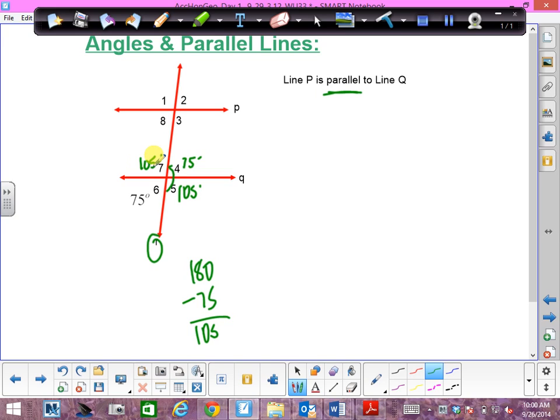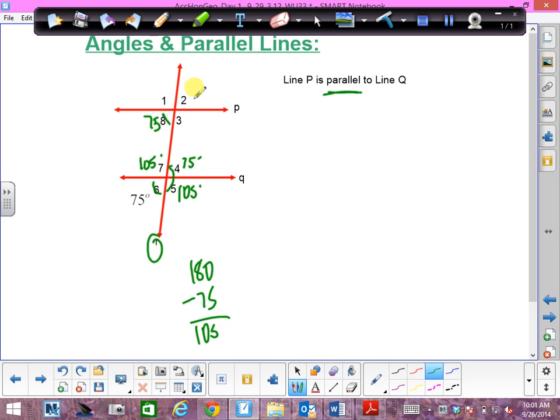Well, one thing that we know is that corresponding angles are congruent, and we'll talk some more about that. Remember, those are the angles that are on the same side of the transversal in the same position, either above or below the other lines. So angle 6 is congruent to angle 8. So if 6 is 75, angle 8 is 75.